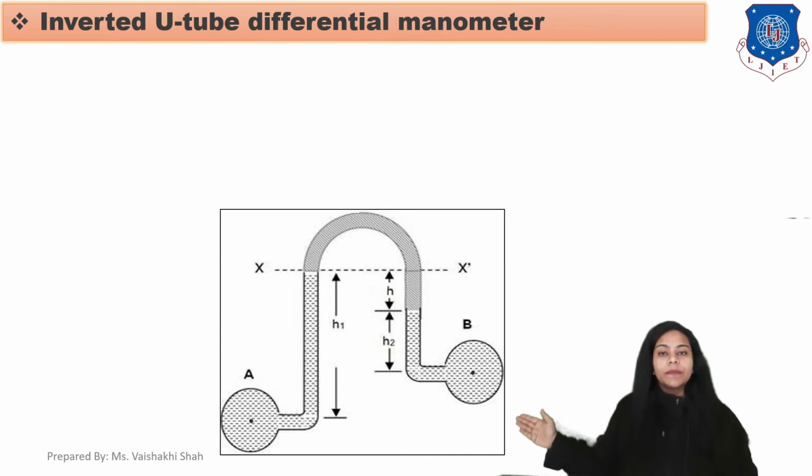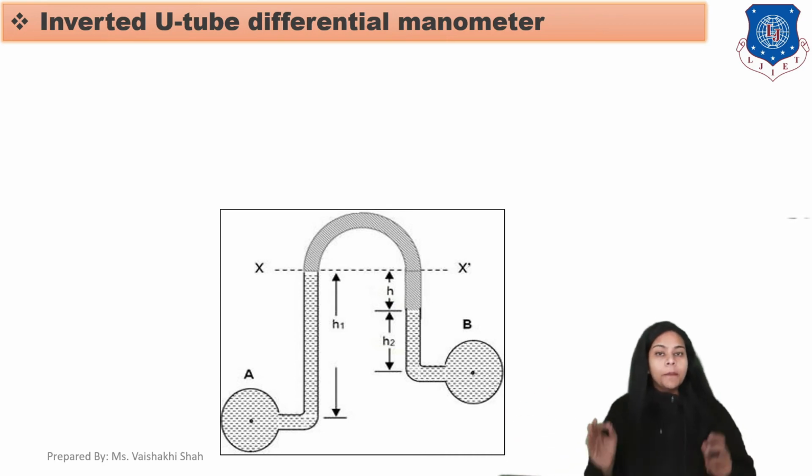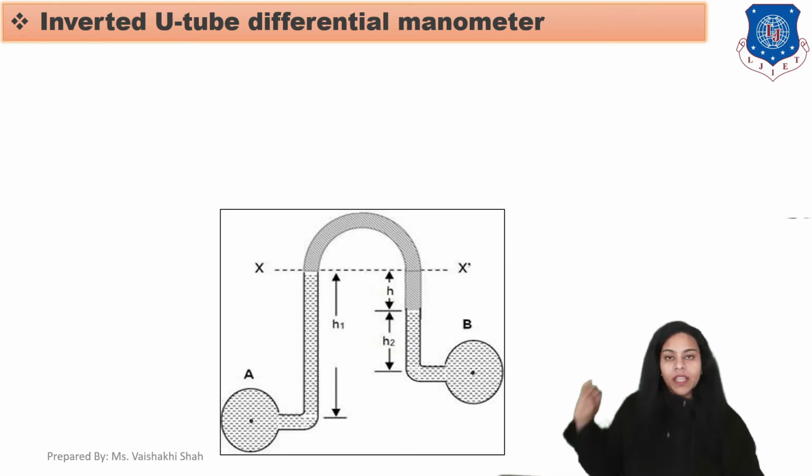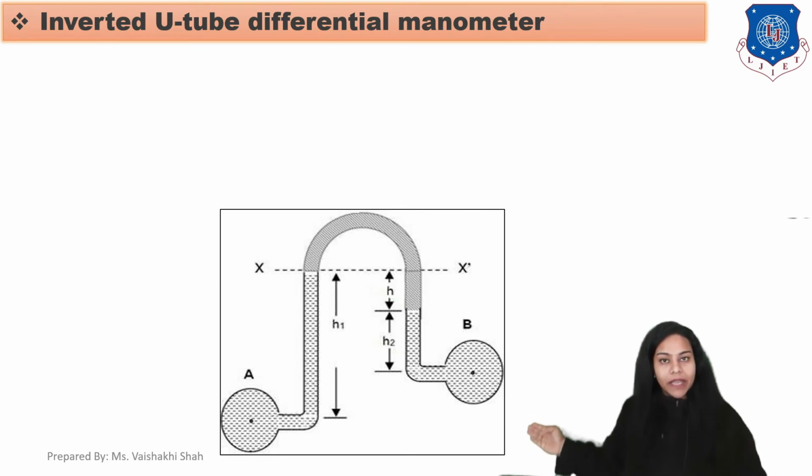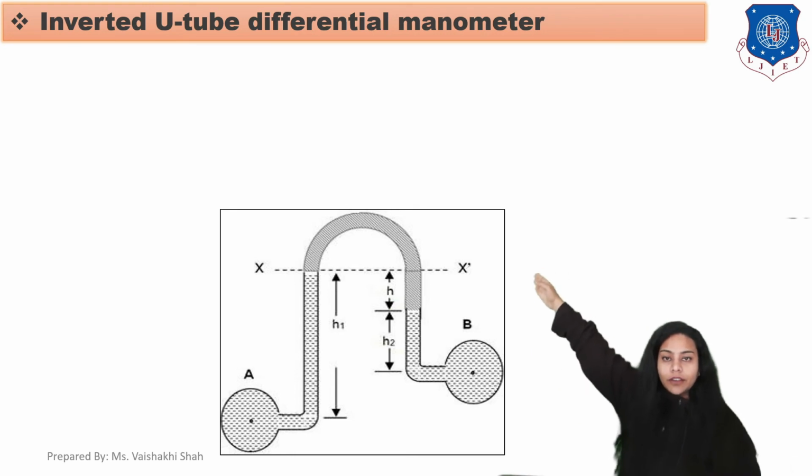Again, this manometer is used to measure the pressure difference between two pipes A and B. In this diagram, the two pipes A and B are at different levels. This is your U shape.